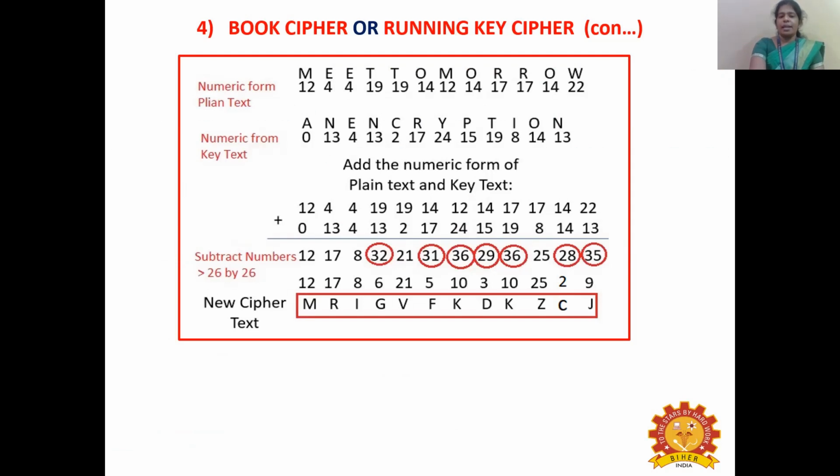Then we add them. We get one solution. If our value is greater than 26, you subtract 26 from the given number. Then we arrive at one solution. For each of those numbers, we write the letters according to the numeric form we have given. So we will get a cipher text, which is the required cipher text for your plain text.